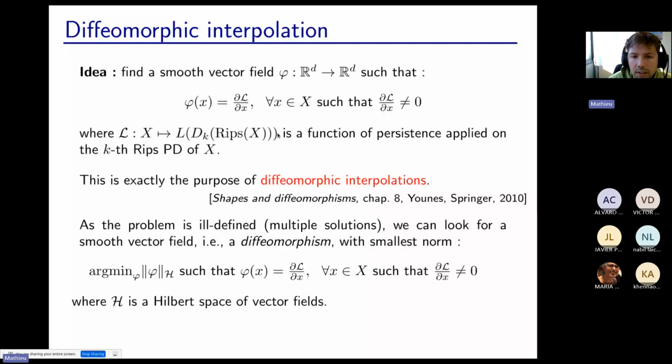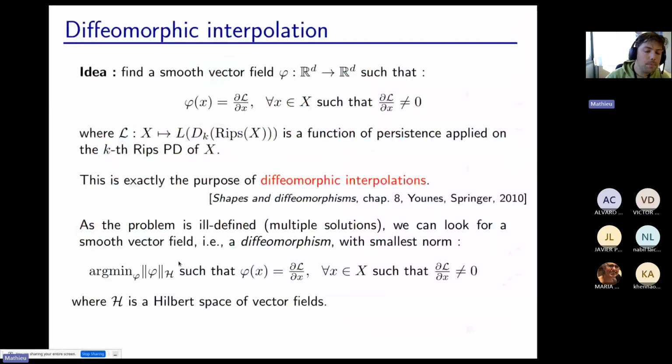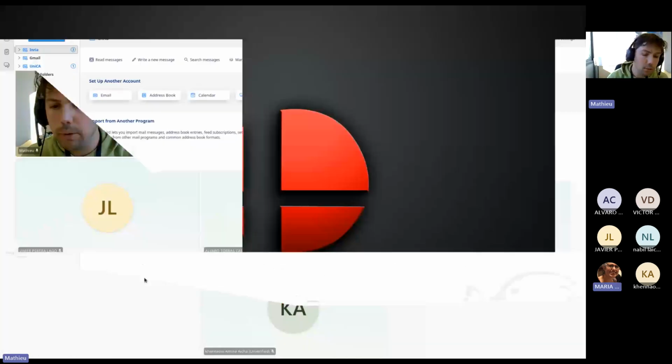Notice though that in its way the problem is ill-defined, because if my only constraint is to match the gradient on the critical points, then there are many solutions that could work. So a way to make the solution unique is to look for, again, a diffeomorphism, but to try to find the one, for instance, with the smallest norm. You can assign a norm to vector fields by embedding them in specific Hilbert spaces, and try to find one that minimizes its norm.